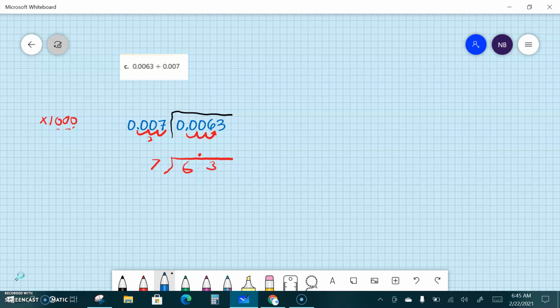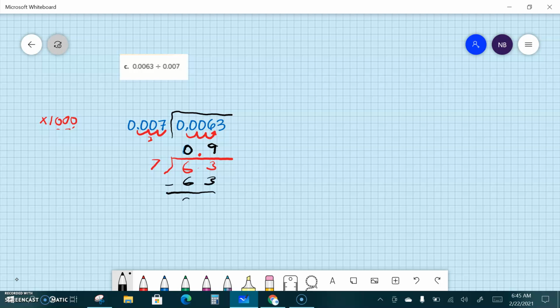Let's give it a shot. 7 cannot divide into 6 yet because 6 is too small, so we put a 0 on top. Then 7 goes into 63 how many times? We know that 9 times 7 is 63.